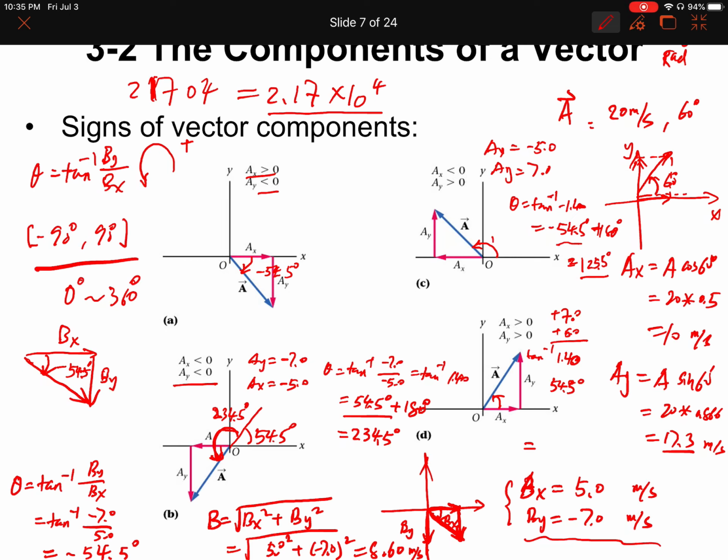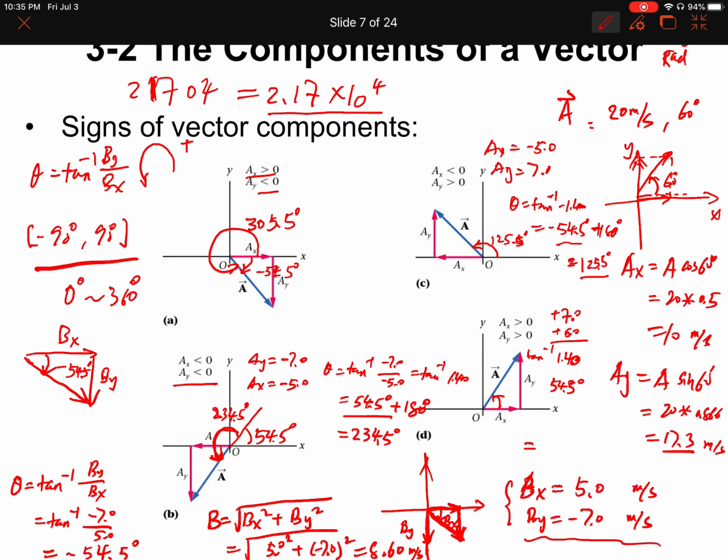So this is 125.5 degrees instead of negative 54.5. However, you can also use a positive angle: negative 54.5 is actually 305.5 degrees positive.